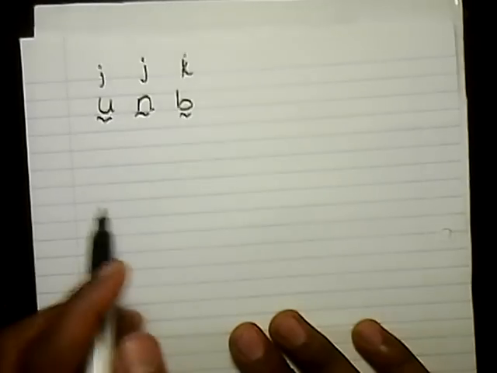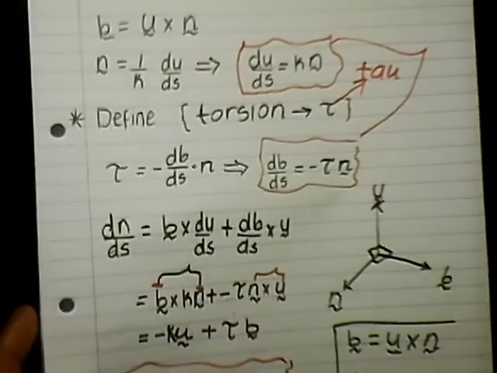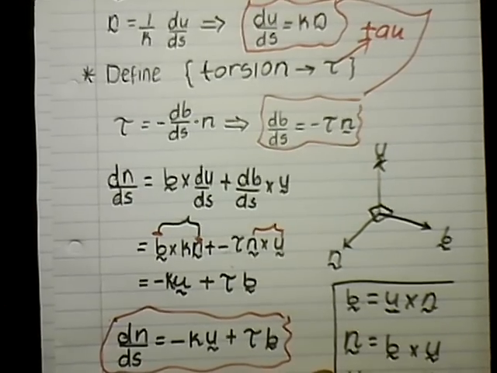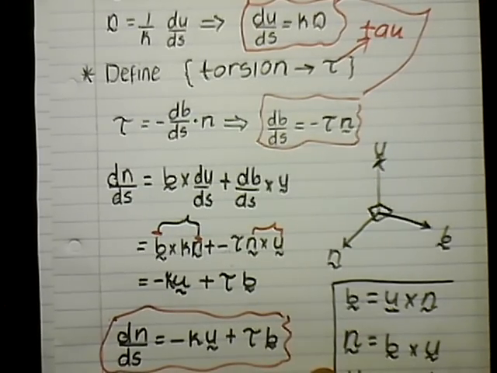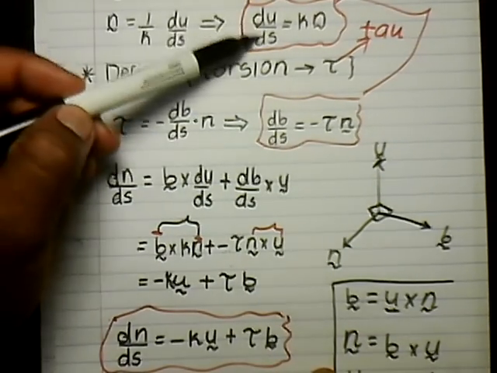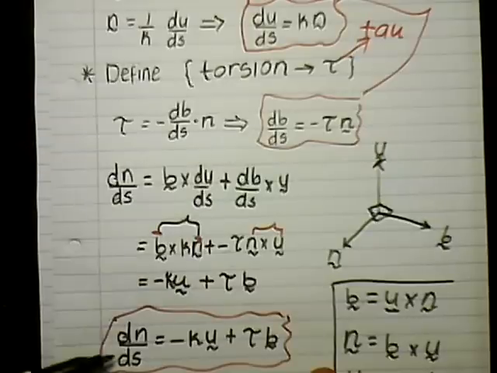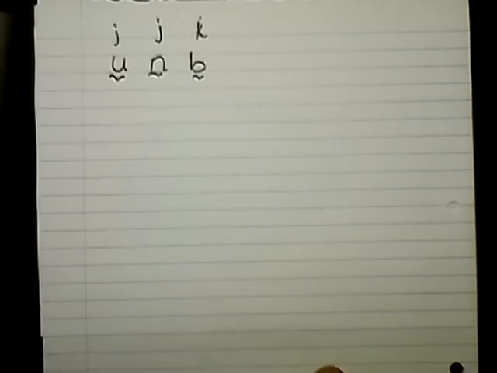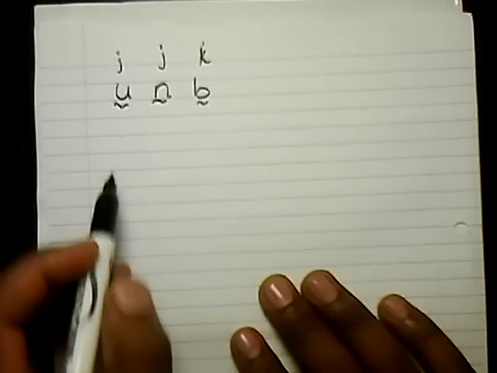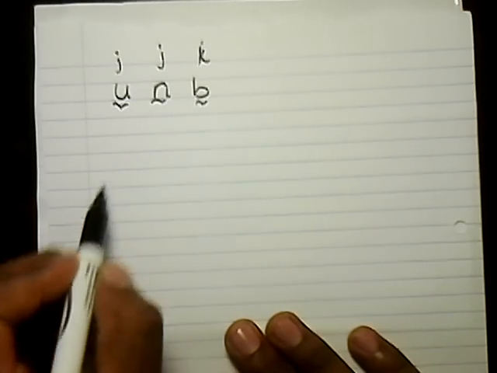If you are to put these things like what we defined here, with the Serret-Frenet formulae, our aim is to write du/ds, db/ds, and dn/ds in matrix form. So I'm going to do that, and I'm going to write it in this way.